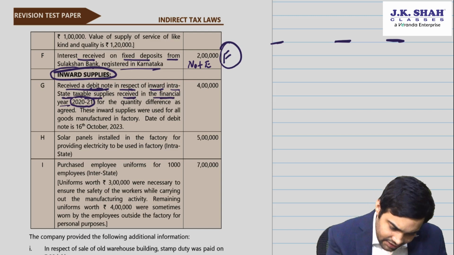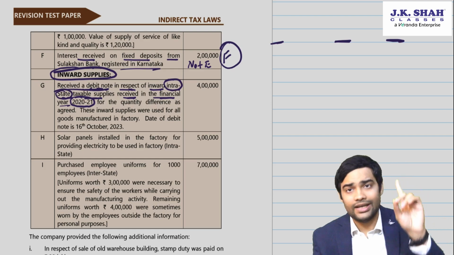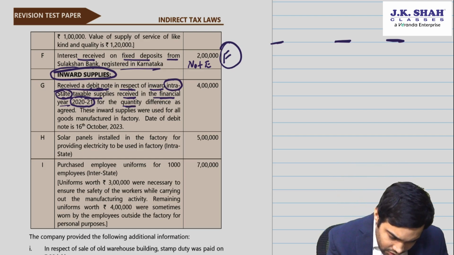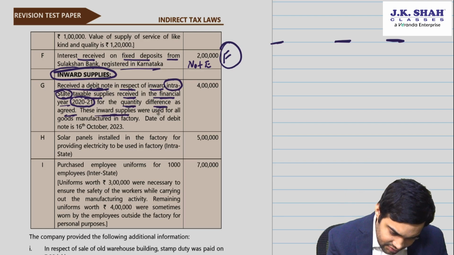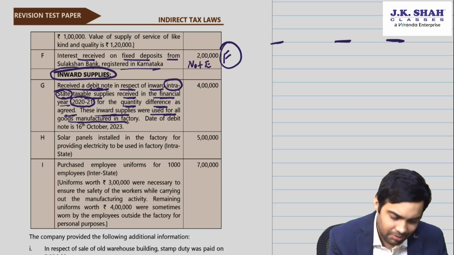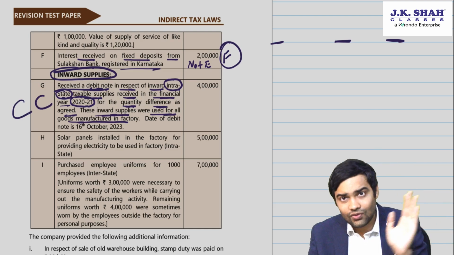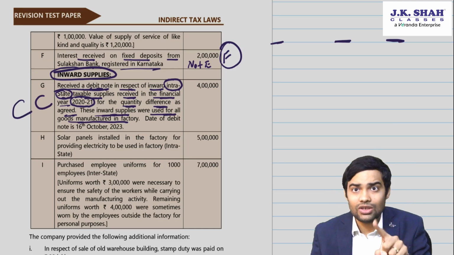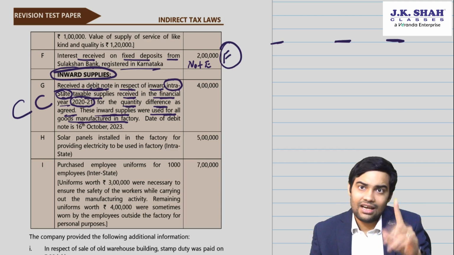So some intrastate supply you had received in 2021 for quantity difference as agreed. These inward supply were used for all goods manufactured in the factory. That means common credit. The moment it is used for everything, I am manufacturing both taxable as well as exempt goods. That means all these are common credit.